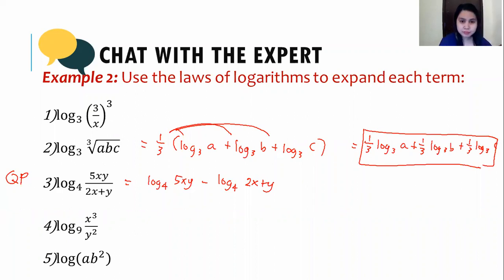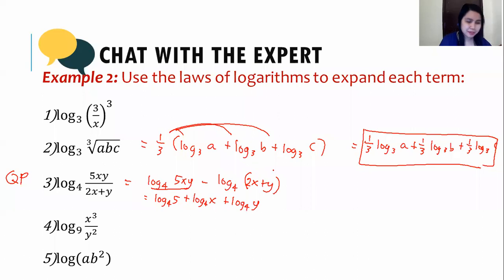That's okay. Log of 2x plus y. So let's have this expanded. It becomes log base 4 of 5, that's addition now, plus log base 4 of x plus log base 4 of y.